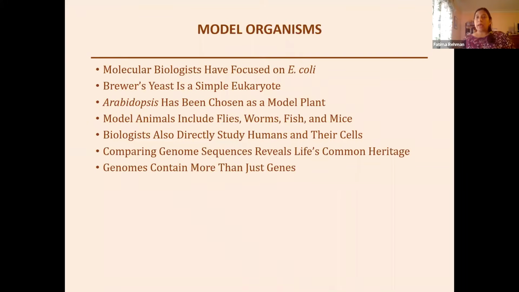We can also look at large human populations and look at the effect of particular types of mutations or diets in large human populations through epidemiological studies as well. Furthermore, we can compare the genome sequences from our model organism to our own and then look at common heritage between them and common pathways between them and extrapolate through that as well.